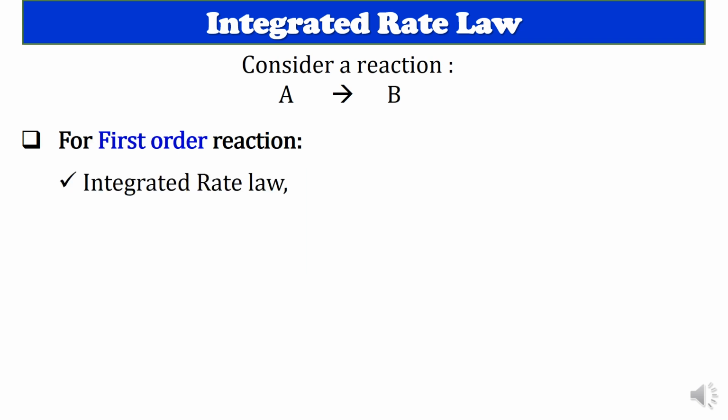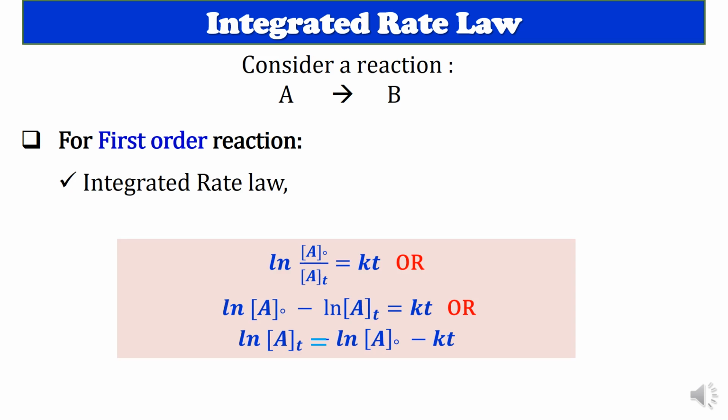For first order reaction, the integrated rate law is ln [A]0 over [A]t equal to kt, or ln[A]0 minus ln[A]t equal to kt, or ln[A]t equal to ln[A]0 minus kt.